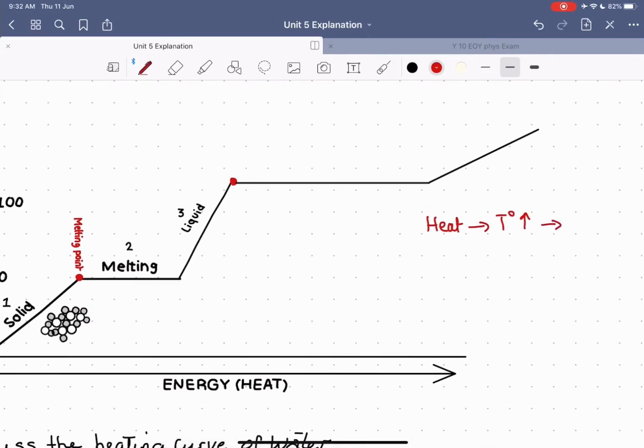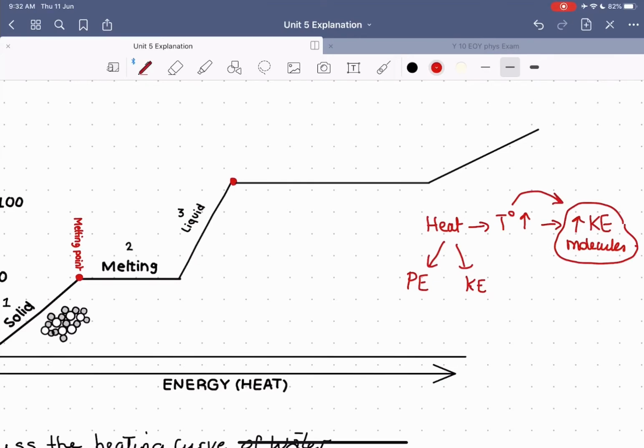Increasing the temperature of the system means that we're increasing the kinetic energy of the molecules. Now, each and every molecule will increase its kinetic energy. Heat depends on both the potential energy and the kinetic energy, but temperature depends only on kinetic energy.